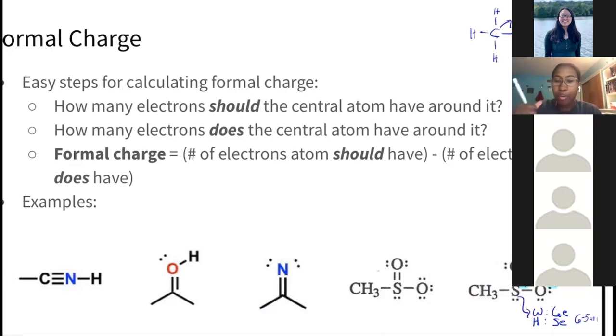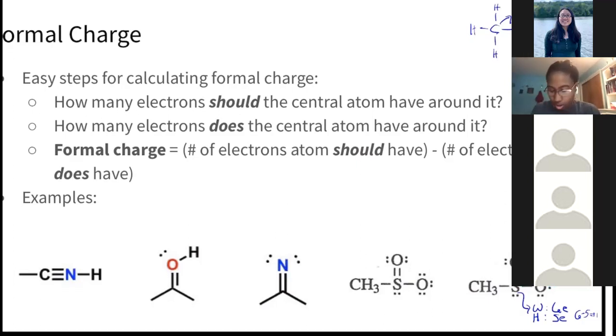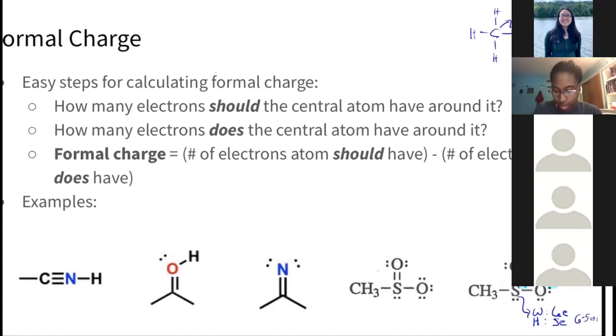And then if carbon wants to have 4 electrons around it, and it does have 4 electrons around it, then what is the formal charge on carbon? 0. Exactly. So that is why whenever you see a CH3 connected to another atom in a molecule, you can always just ignore that, because carbon bound to 4 different things means that it has a formal charge of 0. Does that answer your question? Yeah, thank you so much. No problem. 4 minus 4.